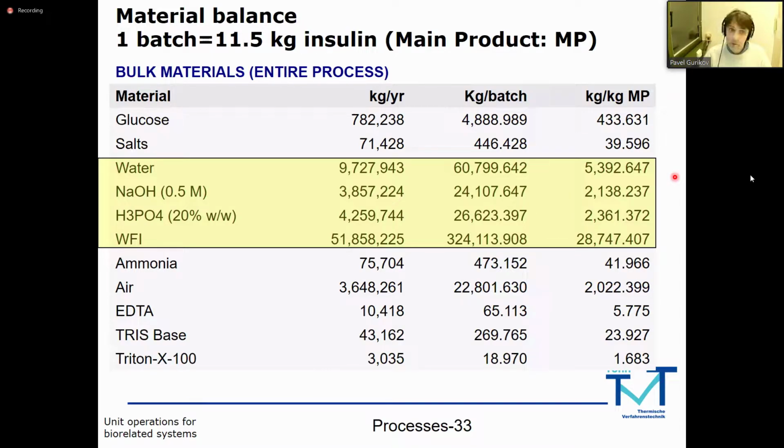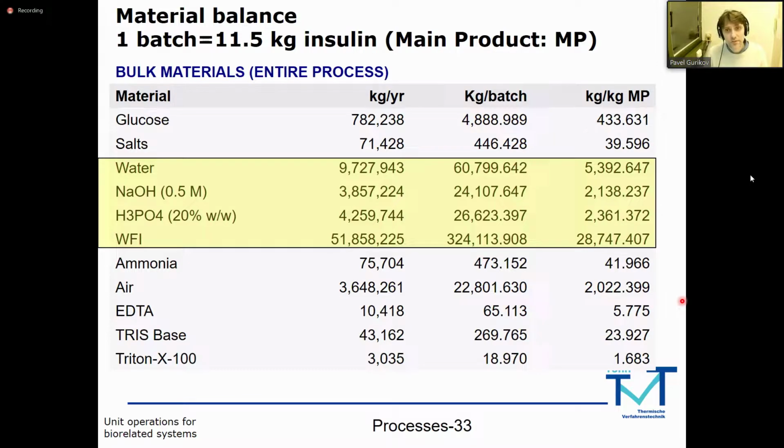What else? Sodium hydroxide, phosphoric acid, and of course a very, very special type of water, which is listed as a separate item here. It's a much larger amount, but let us speak in terms of overall water later on. Ammonia, air, quite some amount of air, and so on and so forth. So you see that basically you require compounds which are solvents.